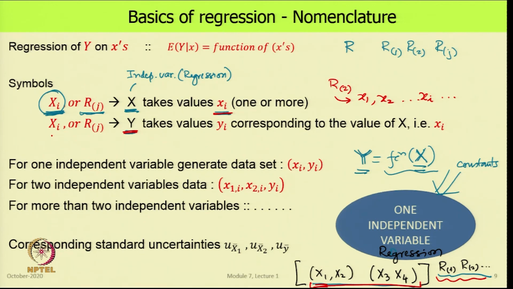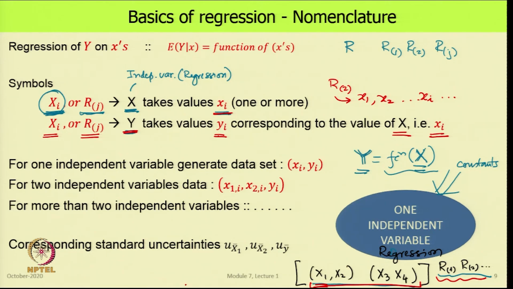So, that is what is said here, that any of the xi's or any of the rj's, whatever we take, we call that y, and y takes the values yi. That means whatever values we had for those cases, they are y1, y2 like that. Further, with the restriction that this y corresponds to the same value of x, xi.